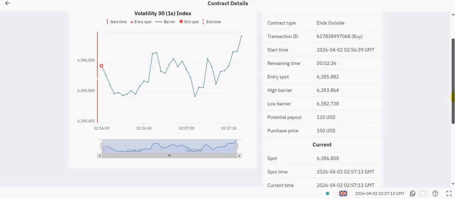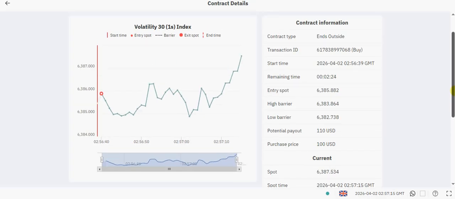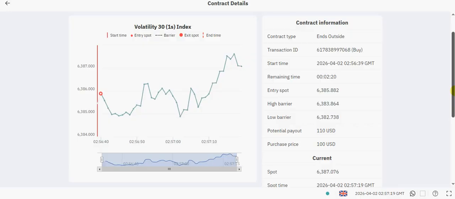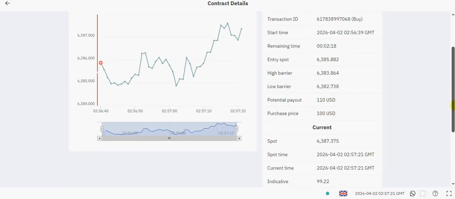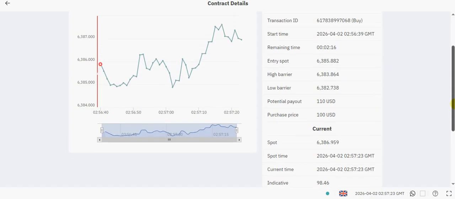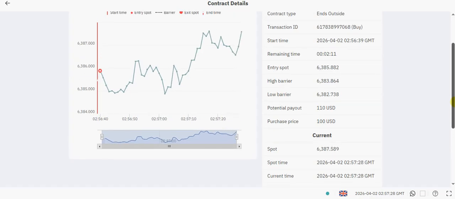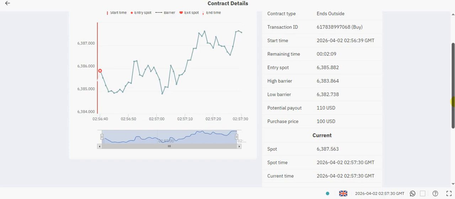Don't forget, make sure you set your high barrier and your low barrier before you place your trade. So that's our time count right here.